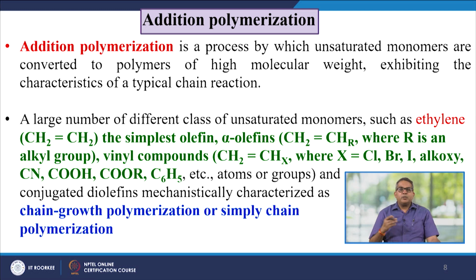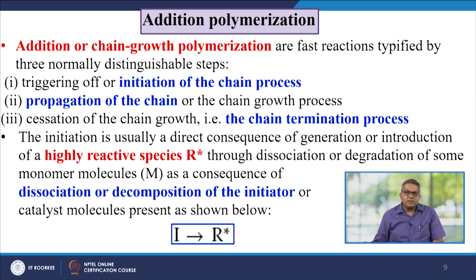A large number of different classes of unsaturated monomers are used, such as ethylene, CH2 double bond CH2, which is the simplest olefin; alpha olefins, CH2 CHR, where R is an alkyl group; and vinyl compounds, CH2 CHX, where X is either chlorine, bromine, iodine, or alkoxy. These and the conjugated diolefins are mechanistically characterized as chain growth polymerization or simple chain polymerization.